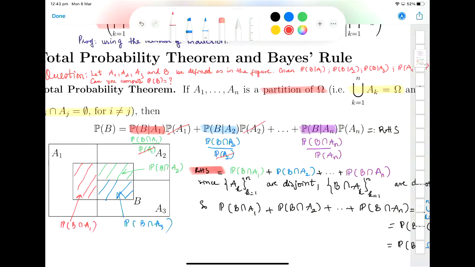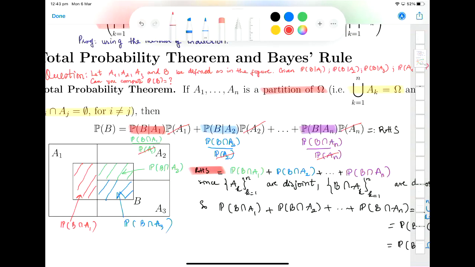So similarly, the purple term is probability of B intersect with AN divided by probability of AN. Then I can cancel out probability of AN here and probability of AN here.